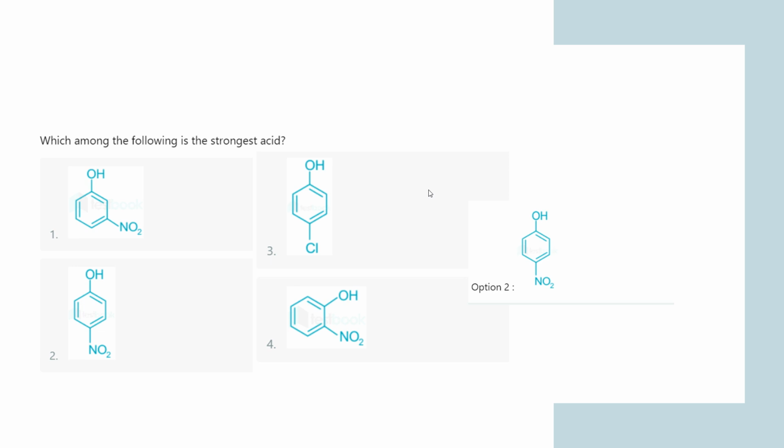So for that, nitro will be the preferable substituent out of nitro and chloro. So out of all these 4 options, we will first eliminate the option 3, and we are left with option 1, 2 and 4.